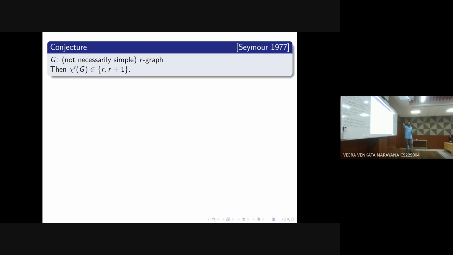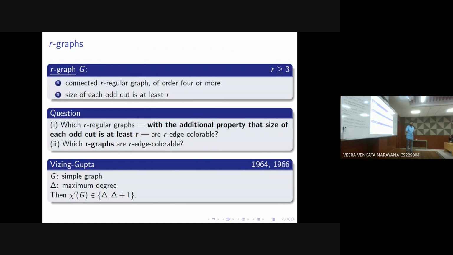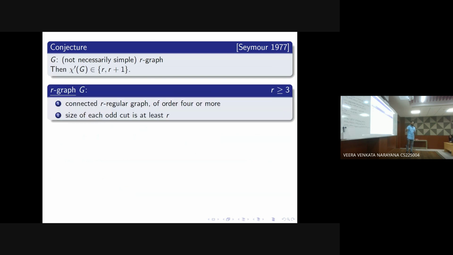This is a conjecture because the previous theorem we saw is only for simple graphs, but R graphs may not be simple. Just to recall the definition of R graphs, here we are not putting any restriction on simple graphs.